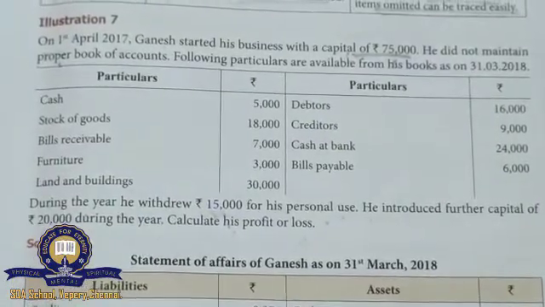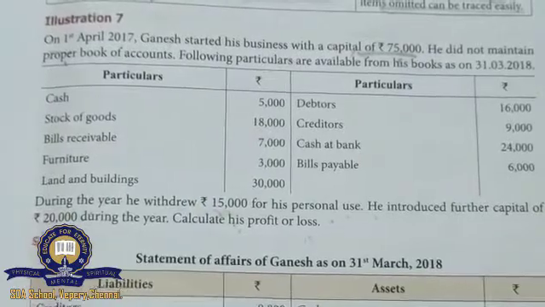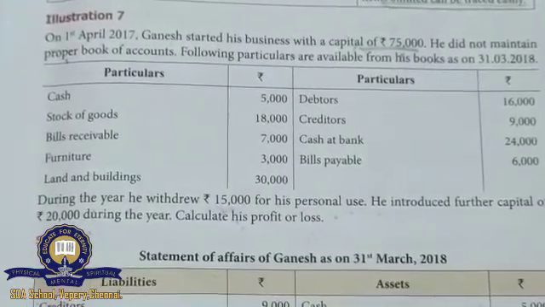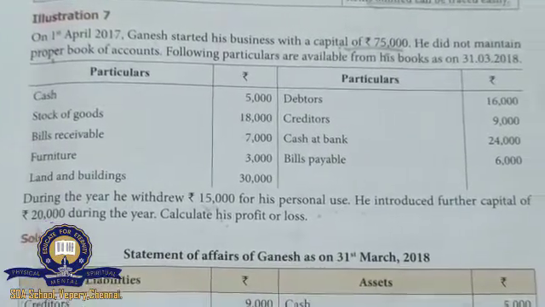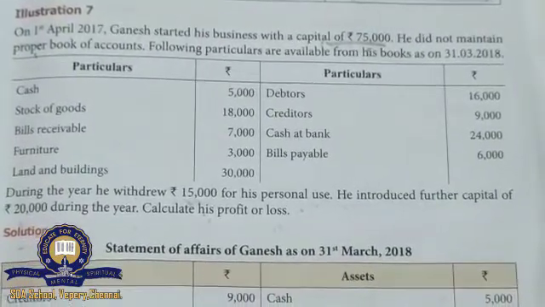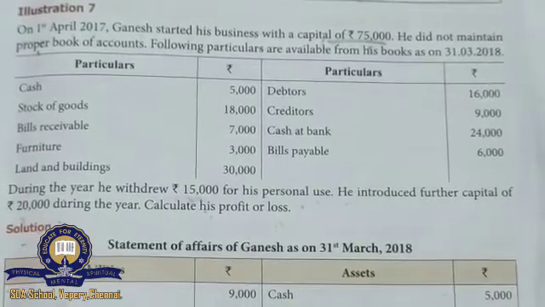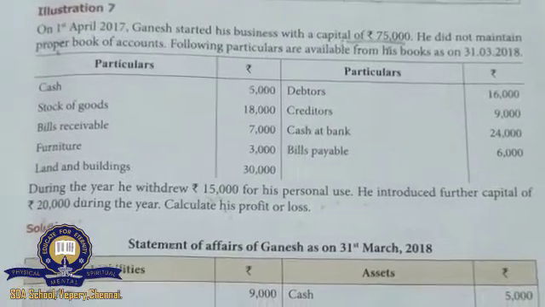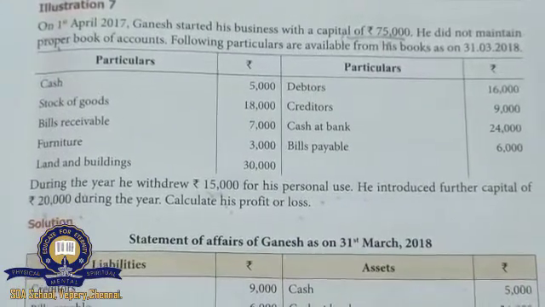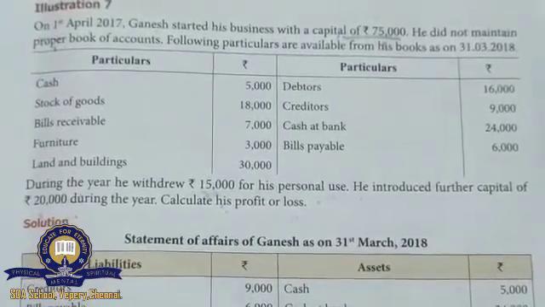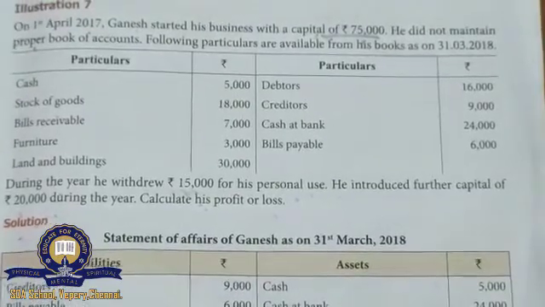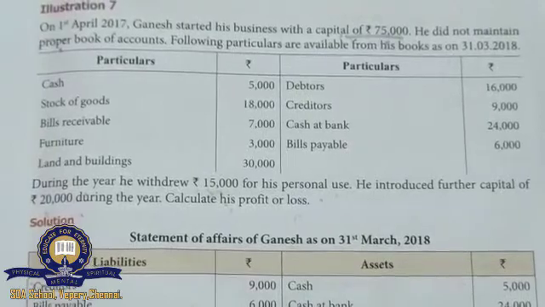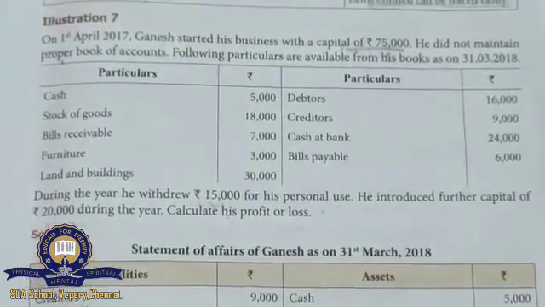So cash is 5,000, stock of goods is 18,000, bills receivable 7,000, furniture 3,000, land and building 30,000, debtor 16,000, creditor 9,000, cash at bank 24,000, bills payable 6,000. So during the year he withdrew rupees 15,000 for his personal use. He introduced further capital of rupees 20,000 during the year. Calculate his profit or loss.